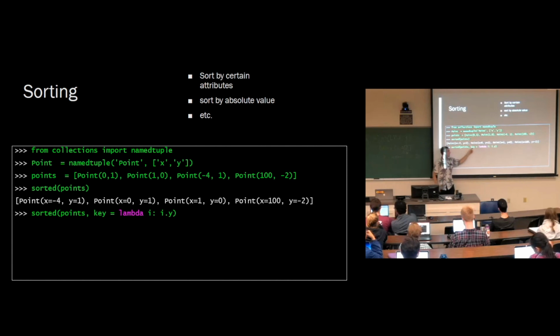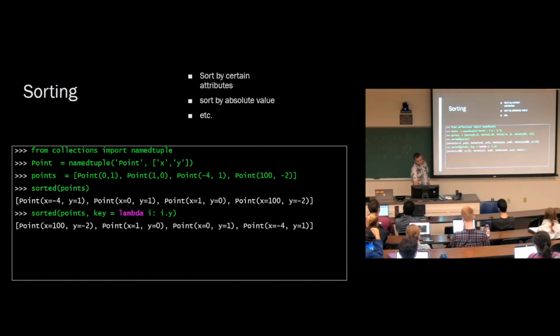So this is passing a function in to another function. And this function says, given an element, return the .y of that element. So now, if we do that, it'll sort by y. We got y equals -2, y equals 0, y equals 1, y equals 1. So this is really useful.